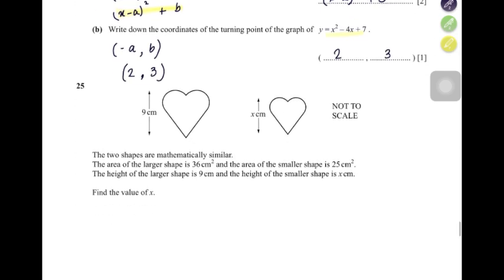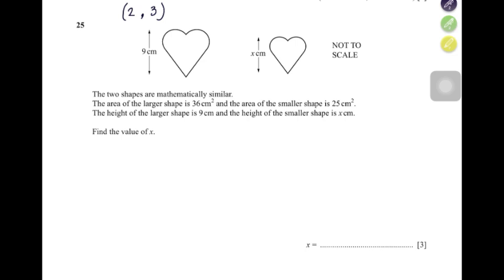Moving on. Two shapes are mathematically similar. These are two heart shapes. The area of the larger shape is 36 centimeters squared, while the area of the smaller shape is 25 centimeters squared. The height of the large shape is 9 and the height of the smaller shape is x. Find the value of x. Alright, so let's try to do our ratio method.